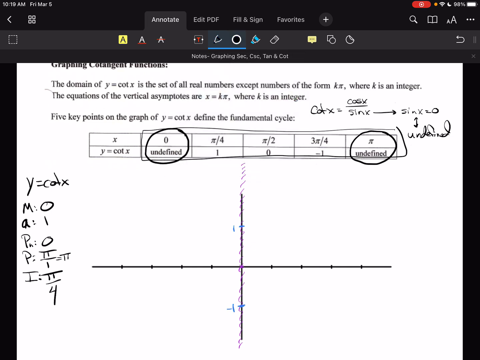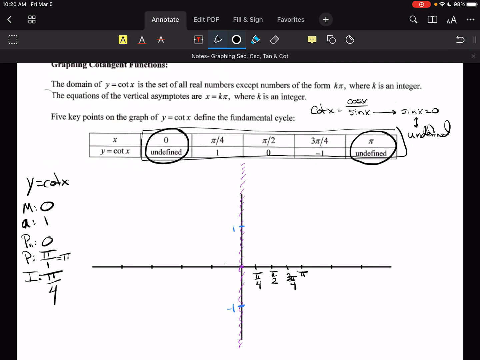And then we'll build the x-axis. So pi over 4s. Actually, we'll stop at pi for the sake of time.